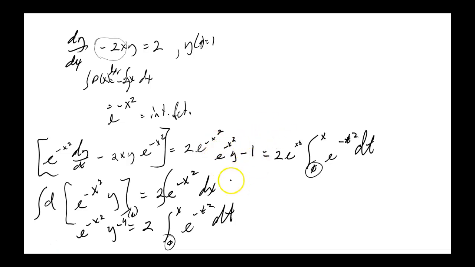Add 1 to both sides, you get e to the minus x squared y is equal to 1 plus e to, okay.